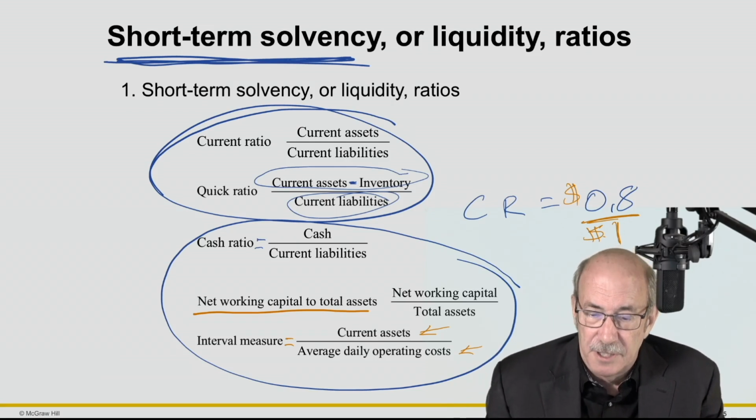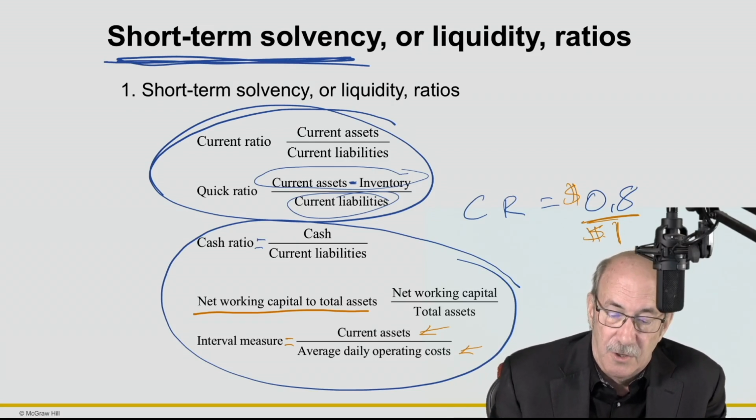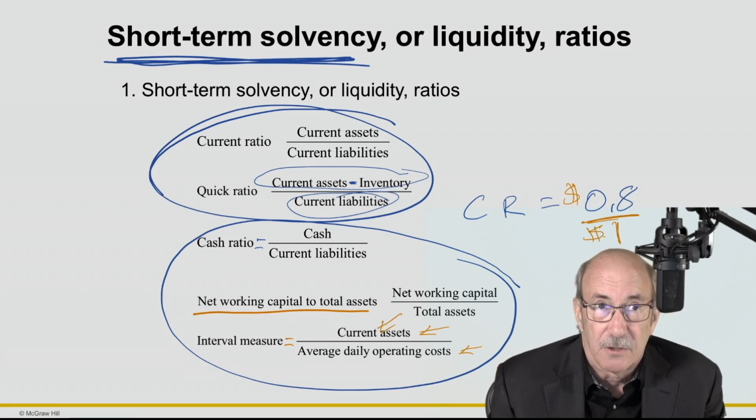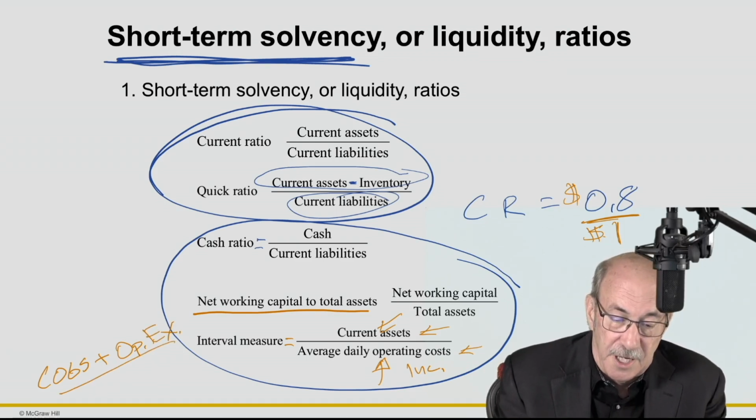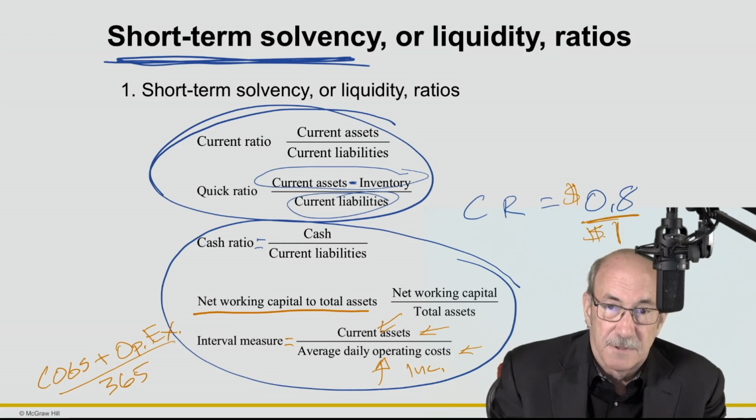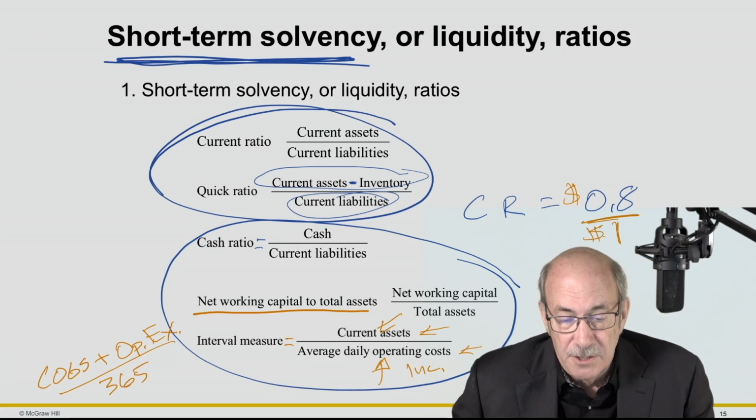And again, I should note here that we have an item that's off the balance sheet, like current assets, and an item that is off the income statement, the average daily operating costs, which by the way is cost of goods sold plus operating expenses. And then, of course, we're going to divide that by 365 because there are 365 days in the year.